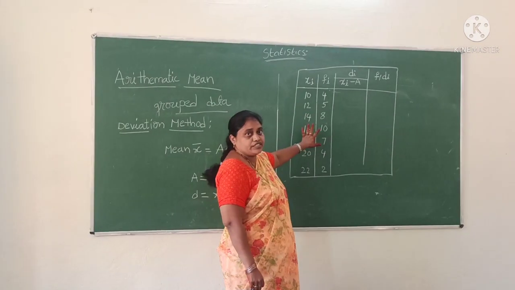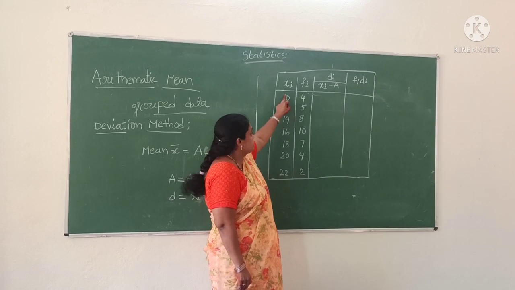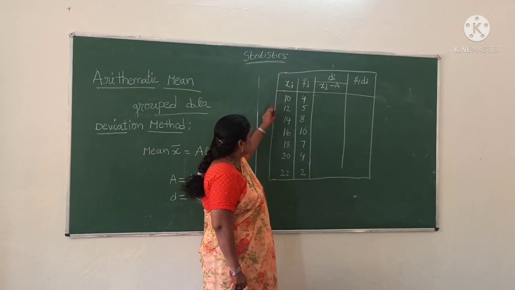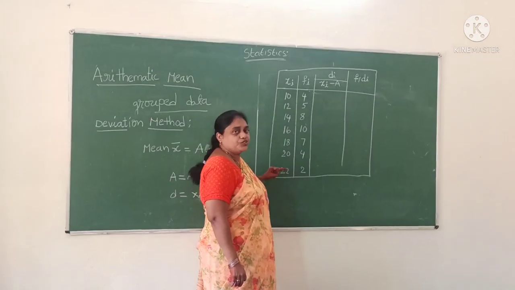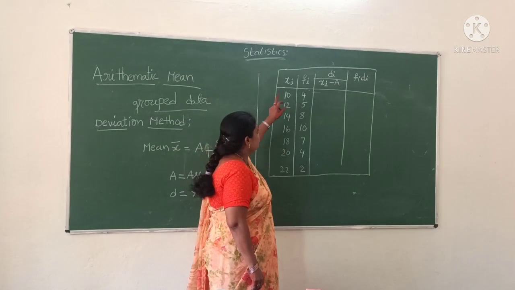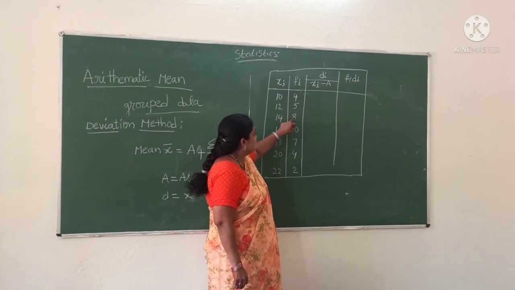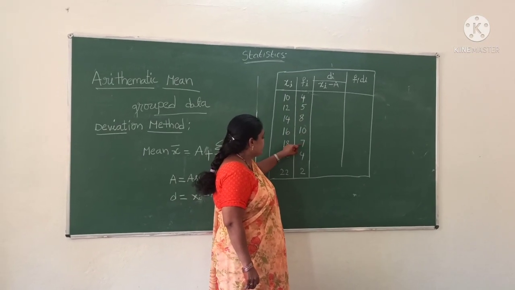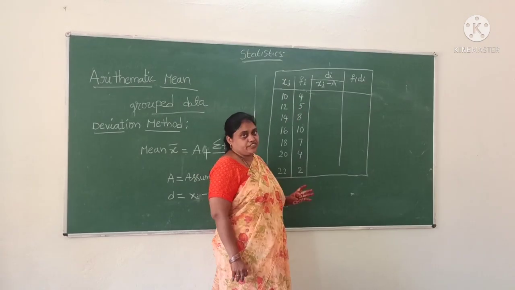In this table xi means observations 10, 12, 14, 16, 18, 20, 22, and frequencies are 4, 5, 8, 10, 7, 4, 2. Okay, these are the frequencies.